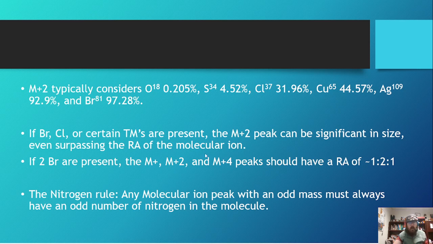So, the other thing we can tell by looking at the molecular ion is how many nitrogens are present, approximately. There's an interesting rule that's called the nitrogen rule.